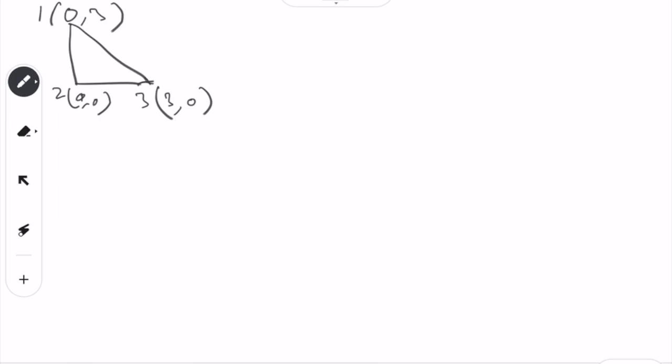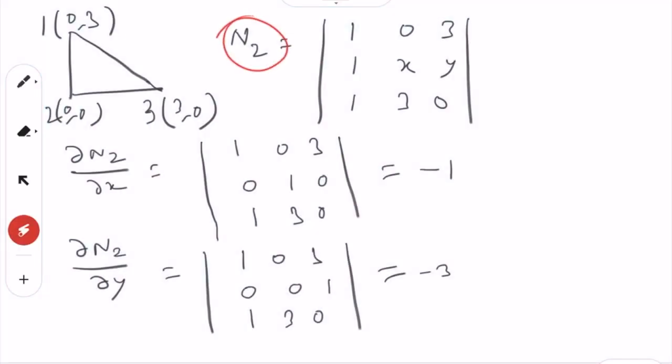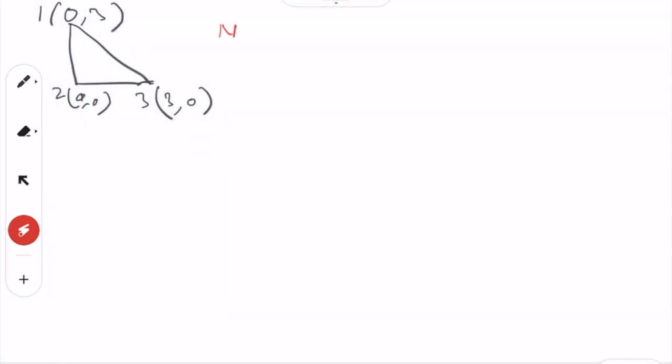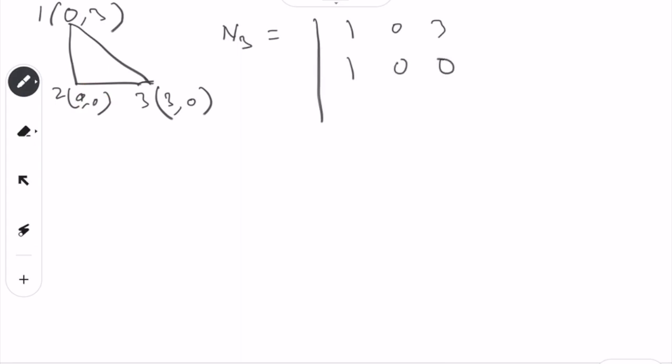Okay, so here we get n2, so we go to n3. n3 is equal to 1 0 3, okay, then 1 0 0, and then 1 x y. Yeah, so this is for the third one. So this is the area of this basically.